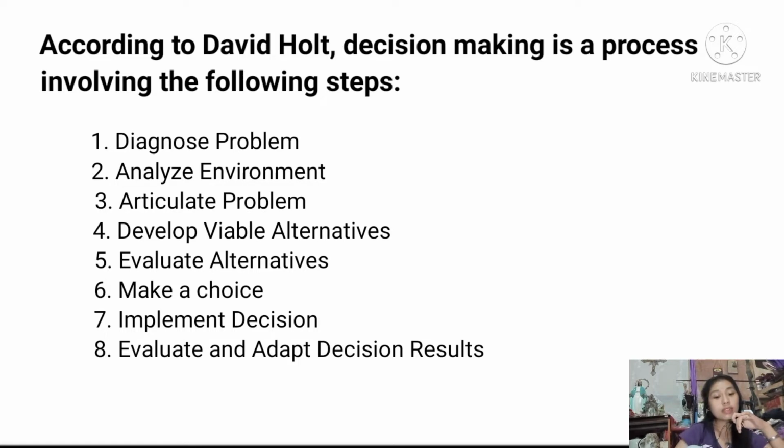The first one is diagnose problem, second, analyze environment, third, articulate problem, fourth, develop viable alternatives, fifth, evaluate alternatives, sixth, make a choice, seventh, implement decision, and eighth, evaluate and adapt decision results.